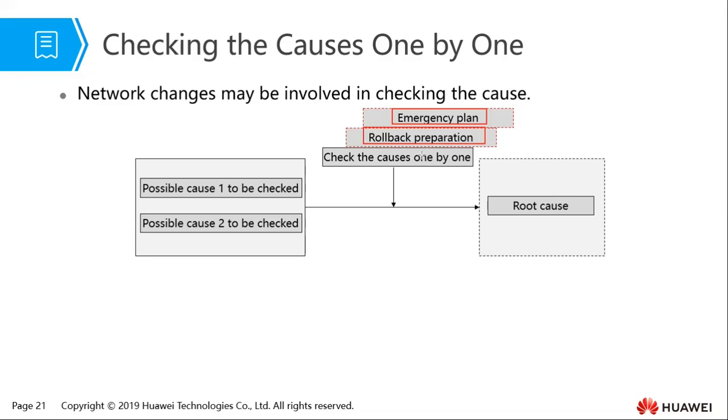So you need to notify the user of the risks of this troubleshooting and perform any operation only after the user has permitted you to go ahead. So they need to be aware. So after that, you can now go ahead and look at the causes and come up with a root cause for that particular problem.